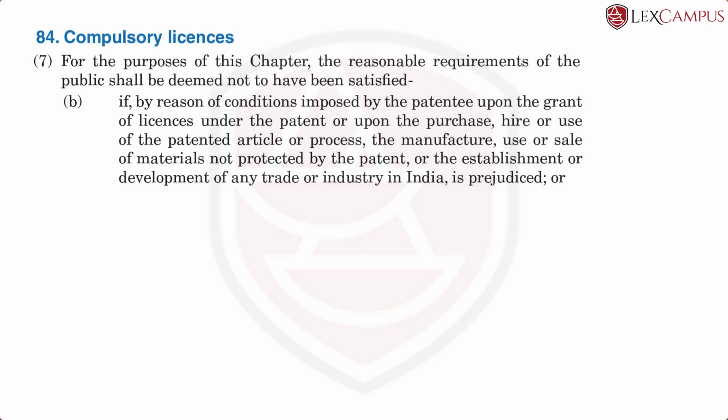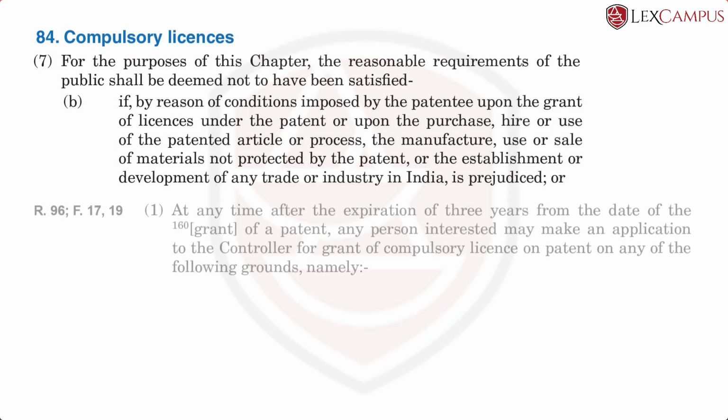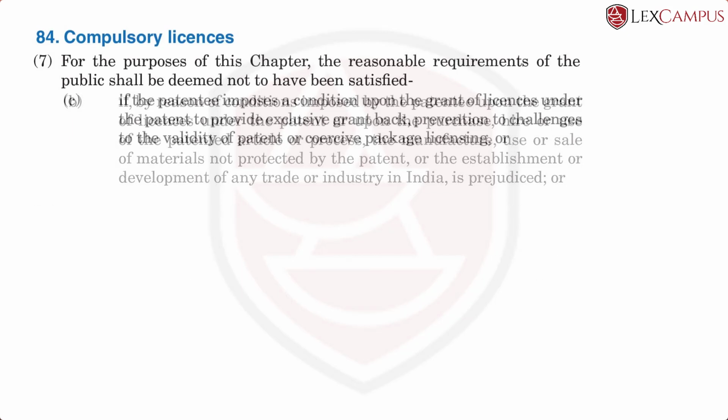He does not have a patent on the paper or on the material used, but he clubs it along with the sale of the patented invention. In such a case, we can say that this amounts to a condition that is imposed which affects the sale of materials not protected by a patent, and when that is prejudiced, it can be regarded as a ground that satisfies 84(1)(a).